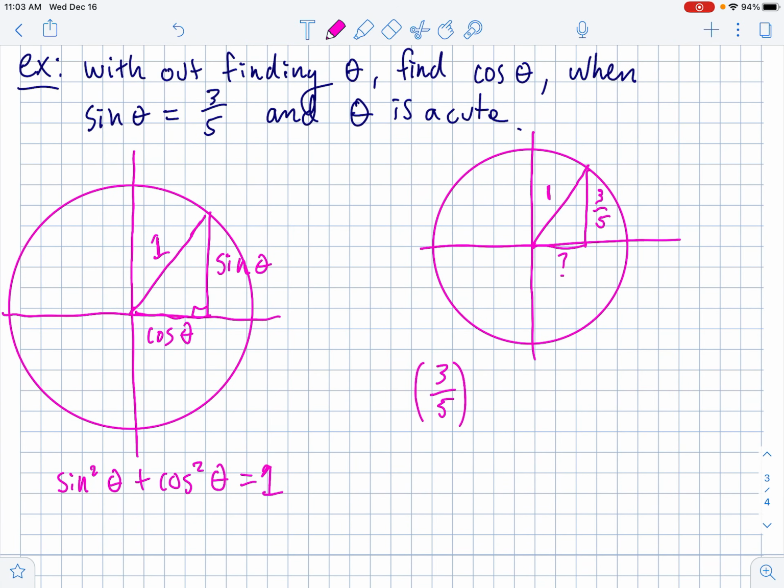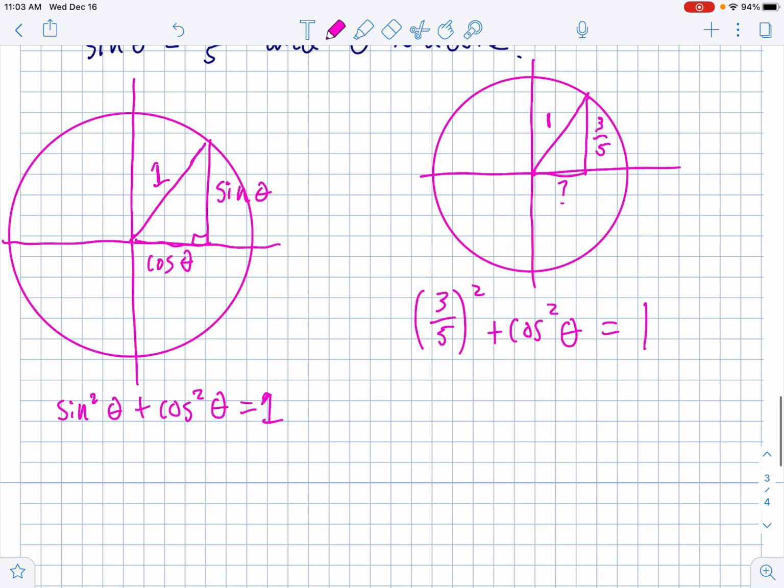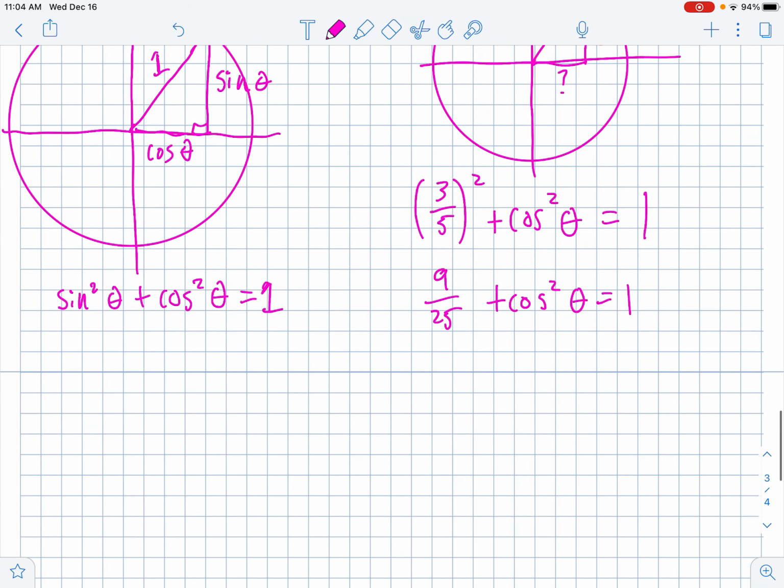So we can say 3/5 squared plus cosine squared theta is equal to 1. Just use that Pythagorean identity. Square the top and the bottom, we get 9/25 plus cosine squared theta is equal to 1.